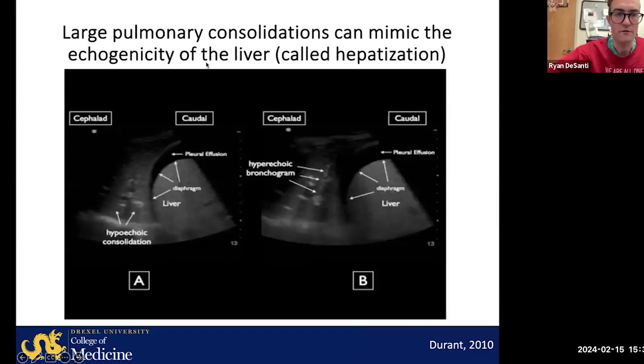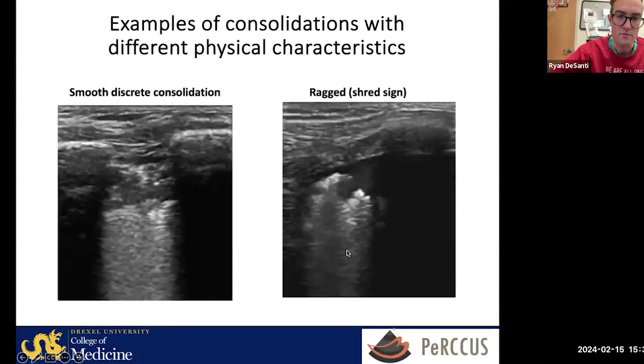And so, as I said before, large consolidations can mimic the echogenicity of the liver, especially when there are multiple air bronchograms and hypoechoic consolidations, as in these examples. And so identifying the pleural line is extremely helpful in these circumstances.